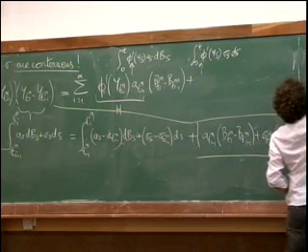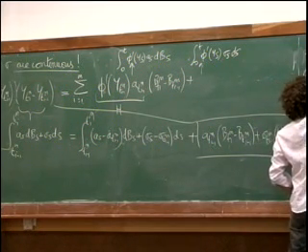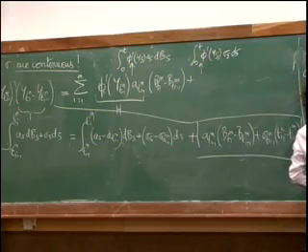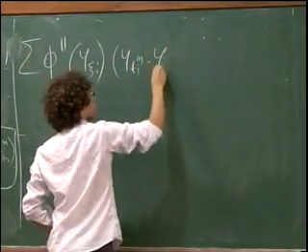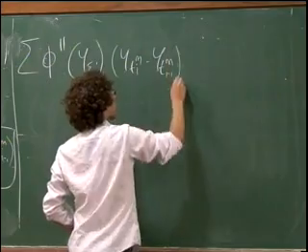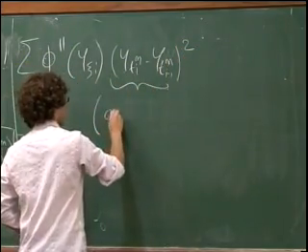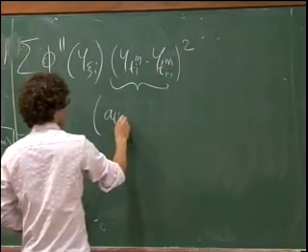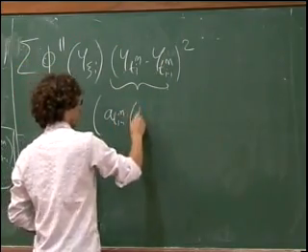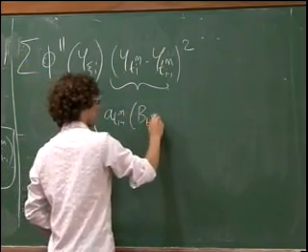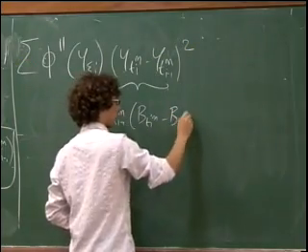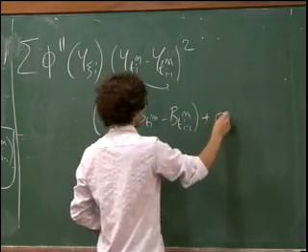So the second term, this thing, I will replace this by b(t_{i-1})(b(t_i) minus b(t_{i-1})) plus the term in sigma.